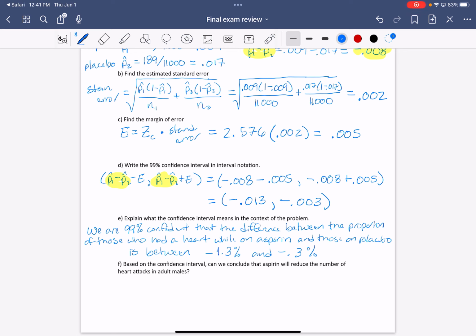Isn't the next part basically us repeating that? Not exactly, no. Similar, but not quite. It's just starting with researchers can say with 99% confidence that the. So part F is more of a further, more in-depth interpretation.